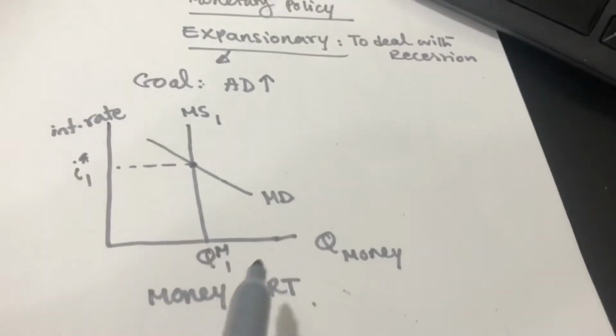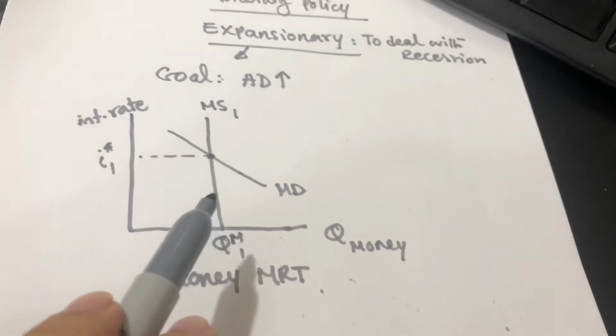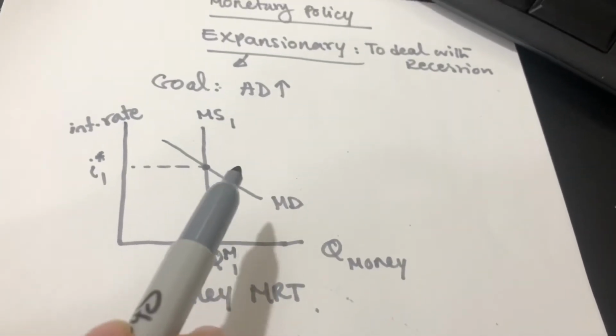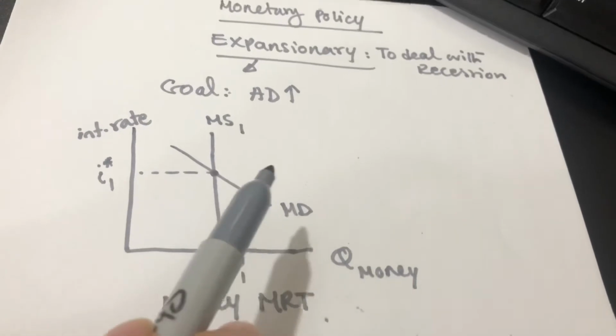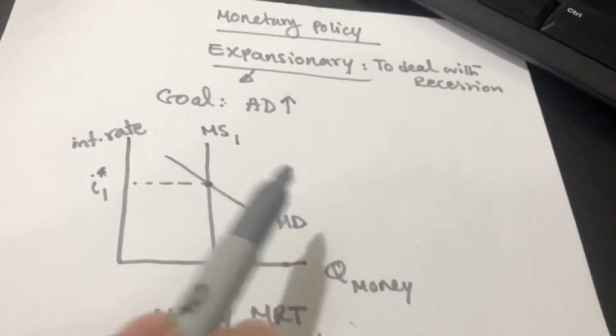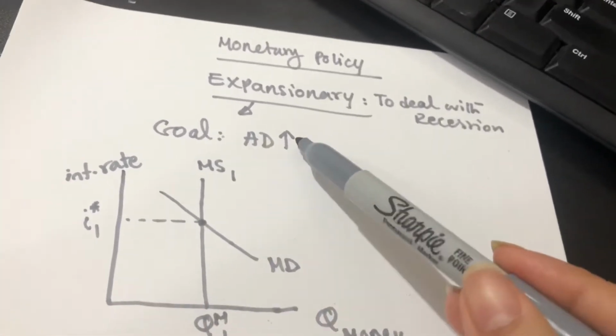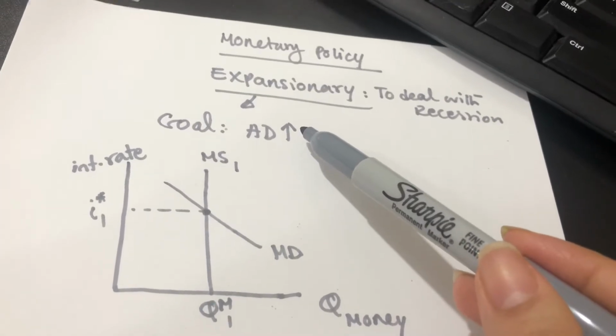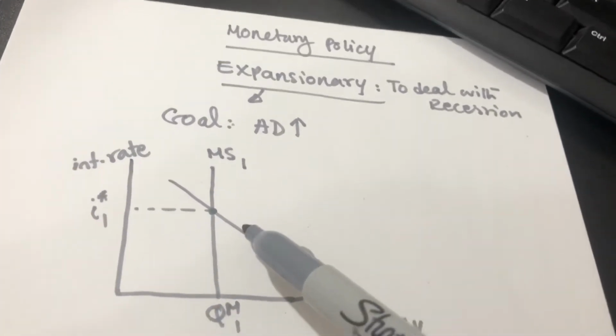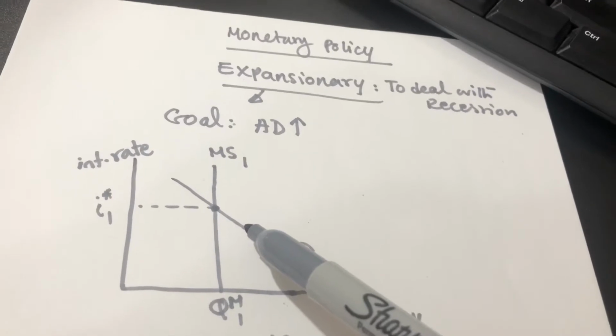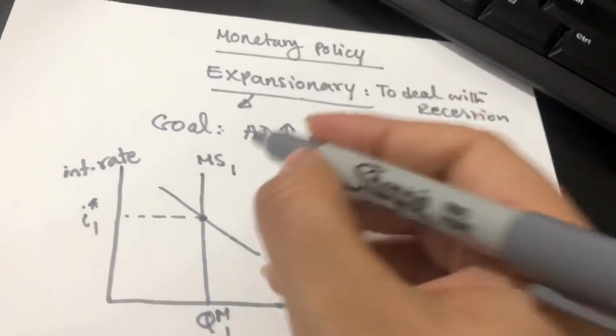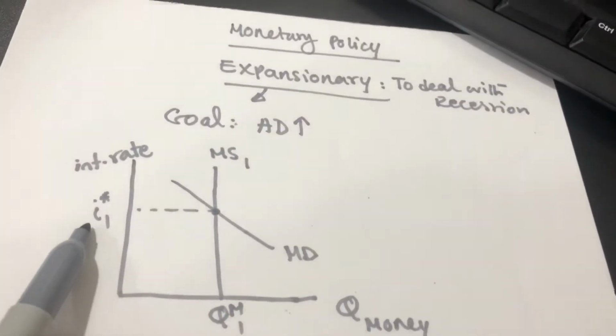The Federal Reserve controls this market completely, and the Federal Reserve can change things in the money market and then directly change the aggregate demand, okay? So the best thing for the Federal Reserve to do during recession times is to reduce the interest rate.